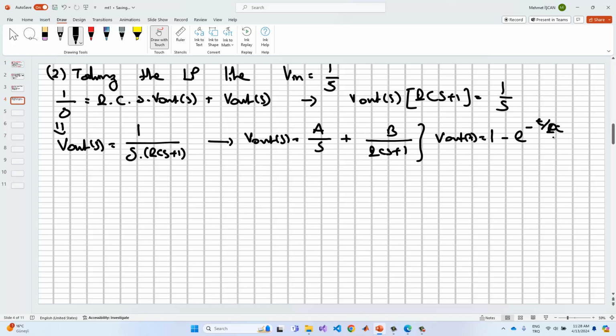Okay? This is the solution for the V out equation in here. But this is found using the Laplace transformation perspective. Okay?